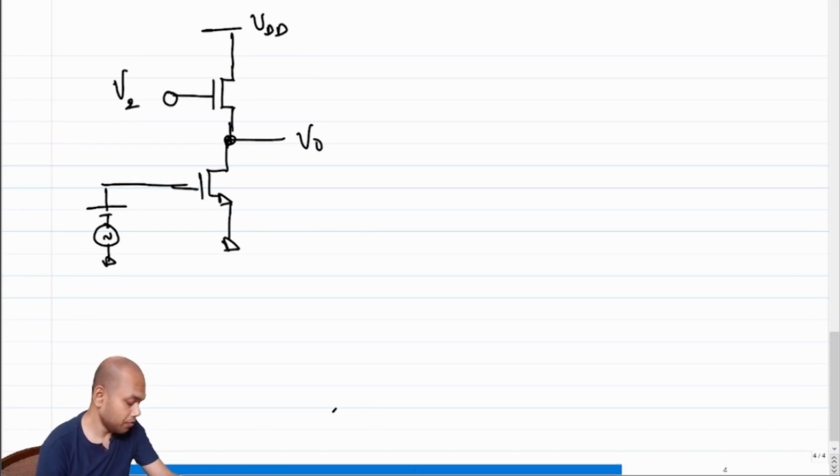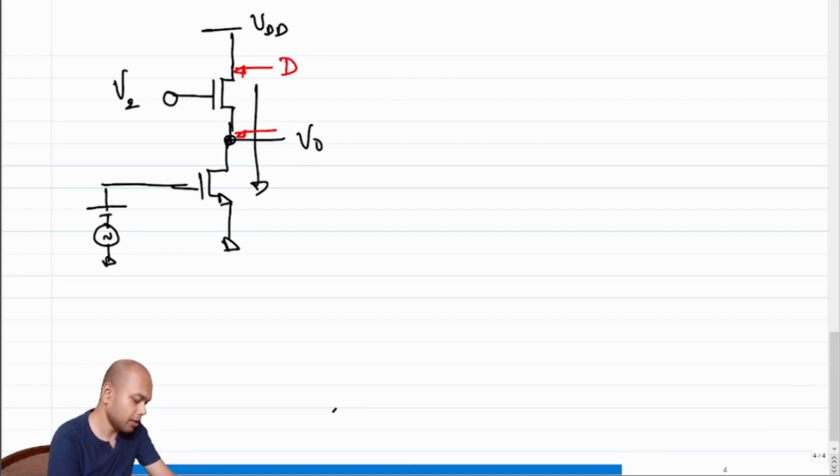Before we get into understanding whether this is going to work or not, let's first identify which is the drain and which is the source terminal of this transistor. What determines which is the source and which is the drain? The higher potential is always the drain in an NMOS transistor, and the quiescent current flows from higher potential to lower potential. The current will flow from top to bottom, which means this terminal becomes the higher potential and this terminal becomes the lower potential.